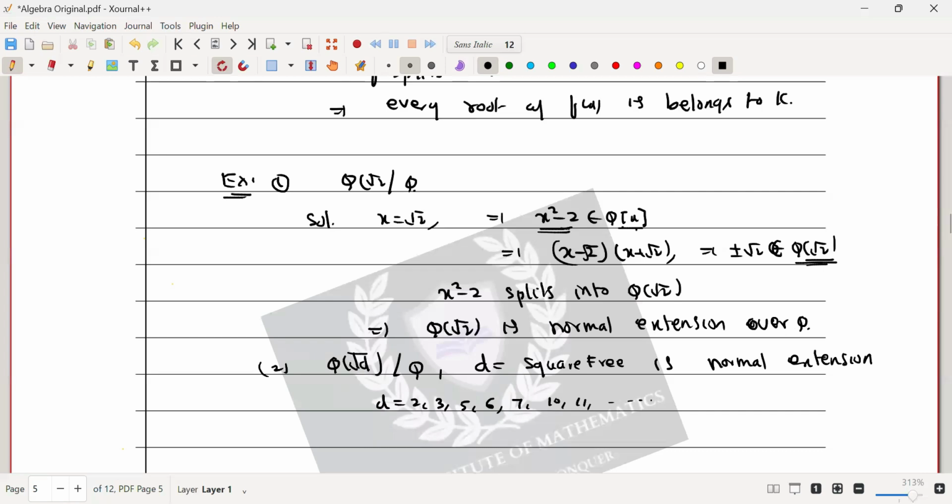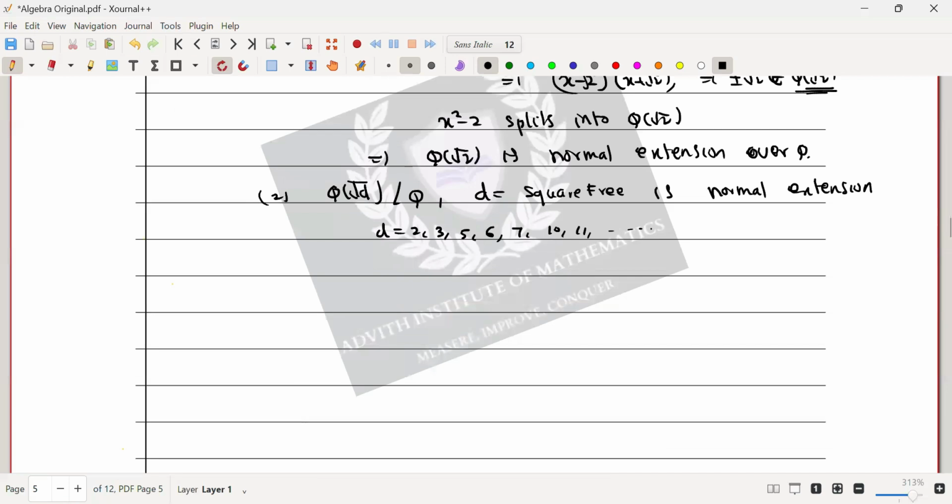All are normal extensions. What about this one? Q(i) over Q, is it a normal extension? Yes or no?